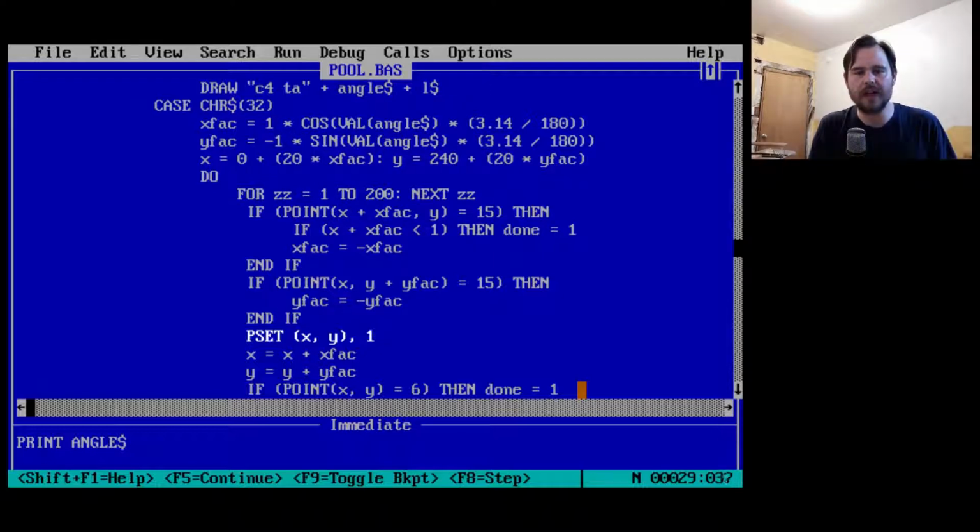The cosine of an angle is always between 1 and -1. The sine of an angle is between 1 and -1. So the xfac and yfac will at most be 1. So the ball is never moving more than 1 pixel away. But it could be 1 pixel diagonally.